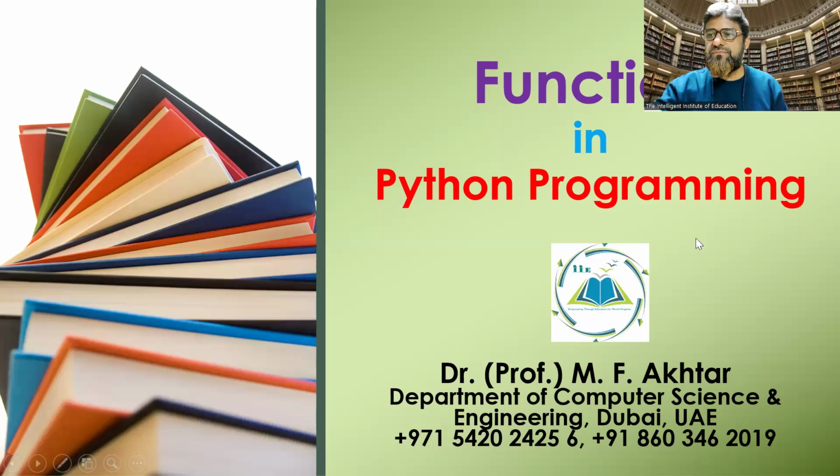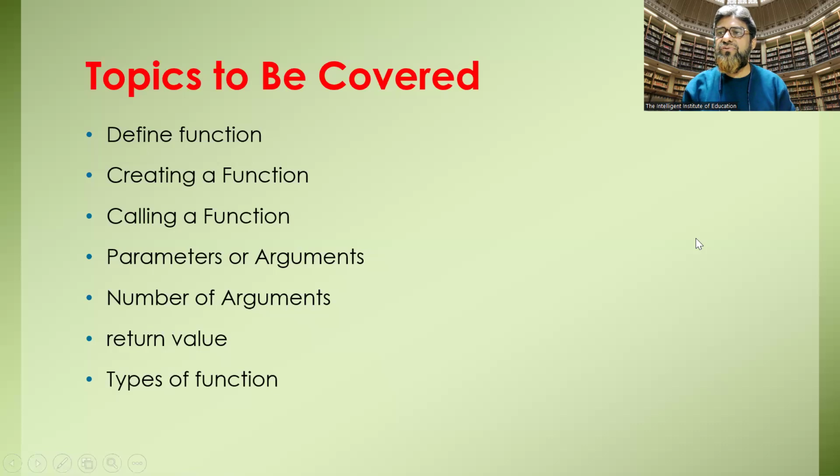First of all, before starting, I would like to tell what topics I am going to cover. First, how we can define a function, that is, how we can create it, when we are going to create it, and how we can call it. What are the concepts and purposes of function, and how we can pass parameters and arguments. Are the parameter and the argument the same?